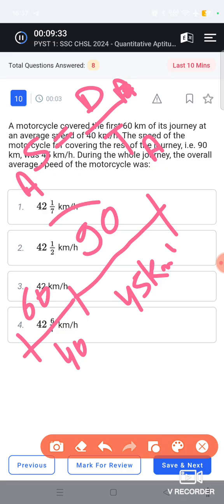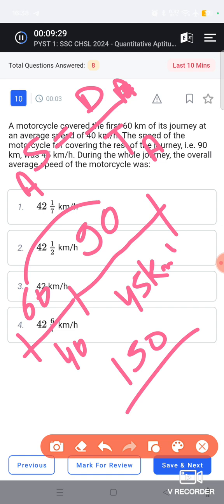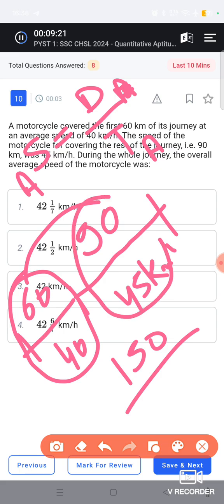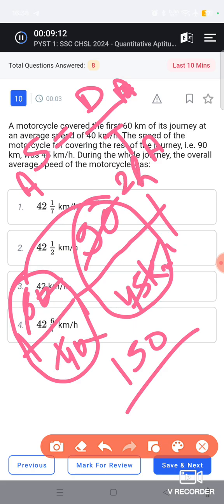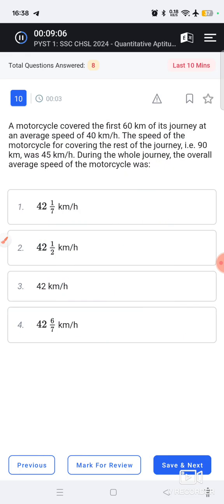The total distance is 90 plus 60, it means 150, and total time. In this case, we get a time of 60 by 40, and in this case, 90 by 40. It means 1.5 hours, and 90 by 45 is 2 hours. 1.5 and 2 means 3.5.